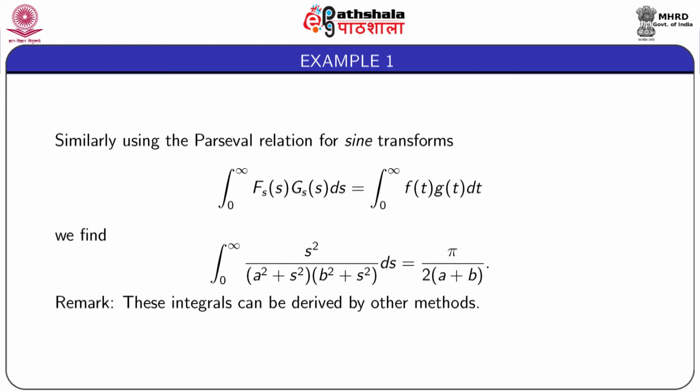Using this result and knowing f(t), g(t) and Fs(s) and Gs(s), we find that integral from 0 to infinity s square ds divided by (a square plus s square) into (b square plus s square) gives pi by 2 into (a plus b). So, these integrals are evaluated very simply by using Parseval relations for sine and cosine transforms, and these integrals can be derived by other methods also.